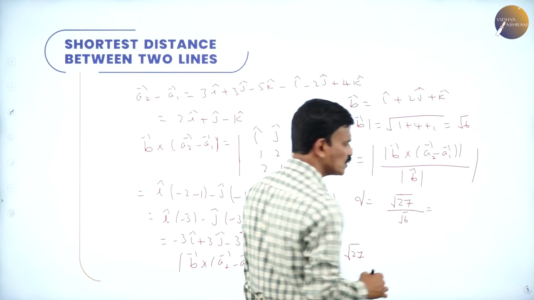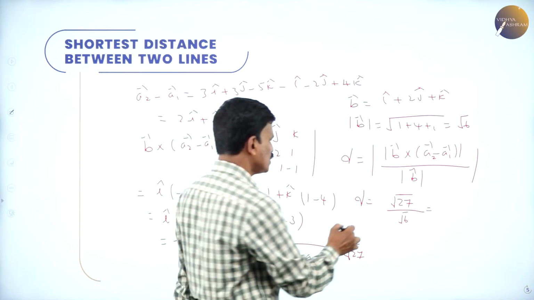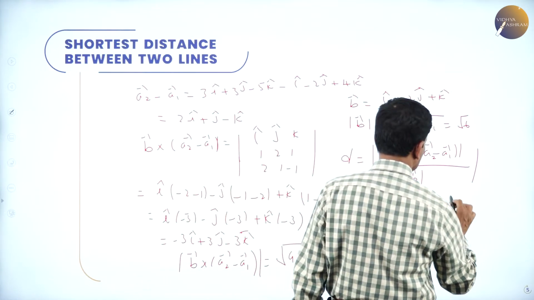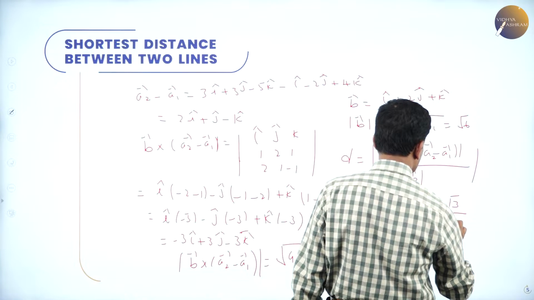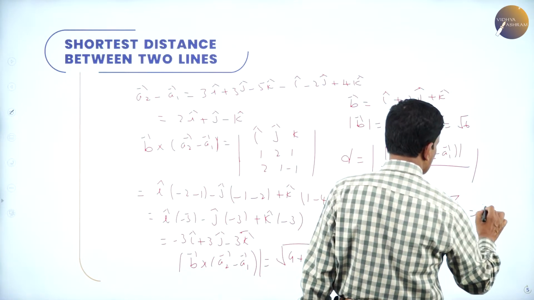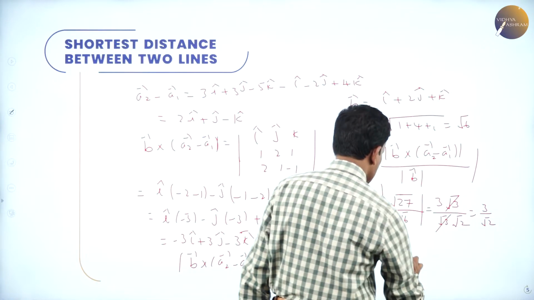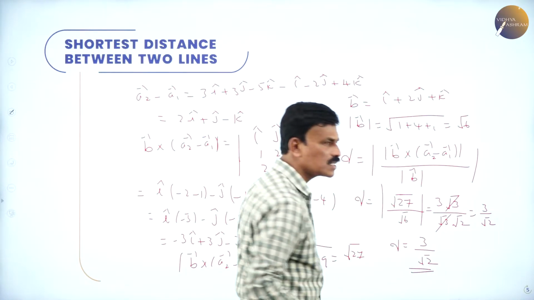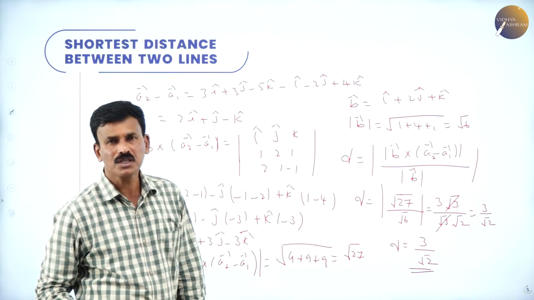This can also be simplified: square root of 27 is 3 root 3, divided by root 3 into root 2. This gets cancelled, 3 by root 2. So the distance d is equal to 3 by root 2 units. That's it. This is the required answer. Okay, that's it.